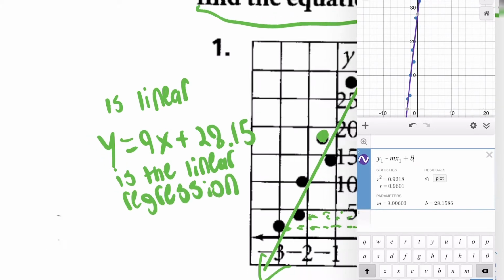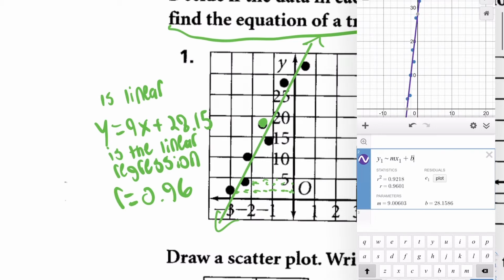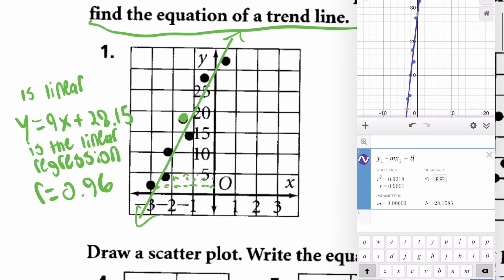But I'll say linear regression because we did use a calculator. We didn't just estimate with pencil and paper. We used a calculator, so that's called linear regression. And the R value is 0.96. So this is a very strong correlation with those data points.